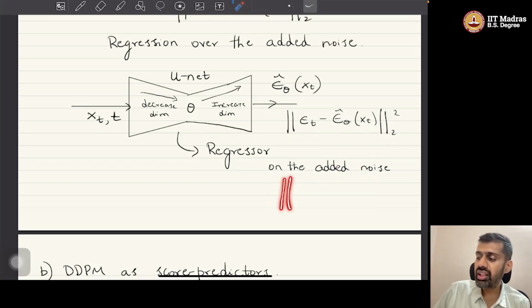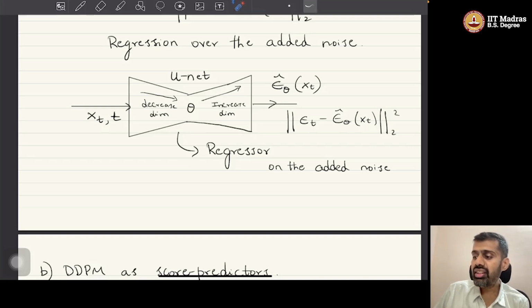And if it's s theta minus the score, then it is regression over score, and so on. So it does not matter what one is interpreting it as. All the loss functions that we talked of are simply scaled and shifted versions of each other. The neural network is learning the exact same thing irrespective of the interpretation that one has. So the bottom line is that all these neural networks are exactly equivalent.